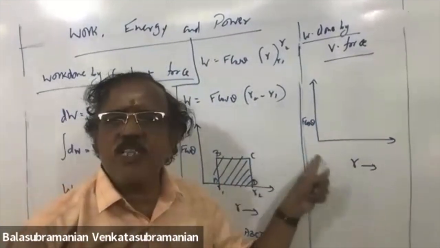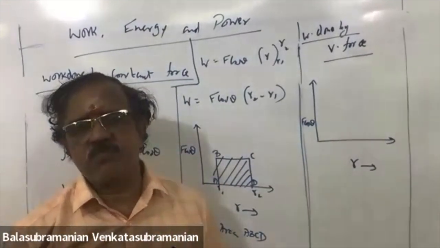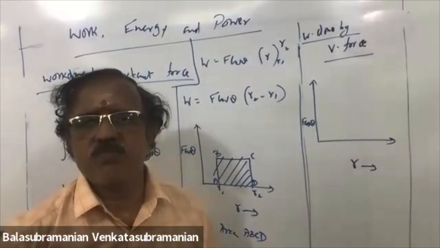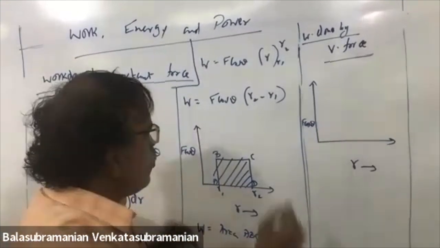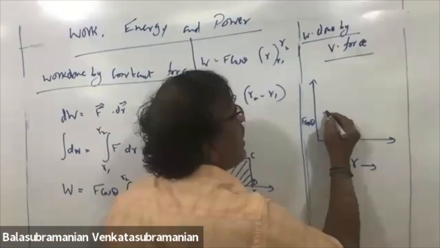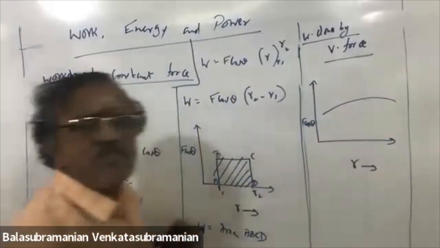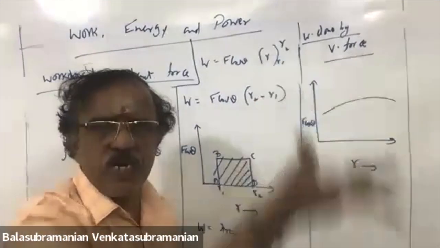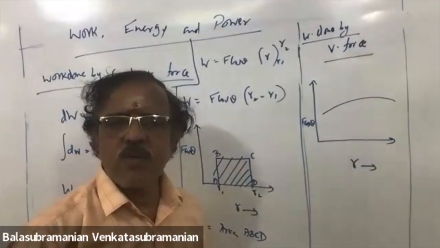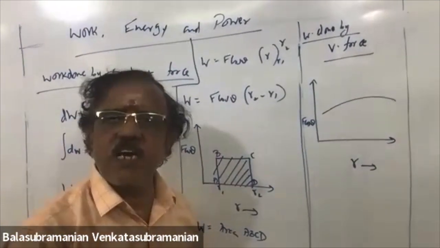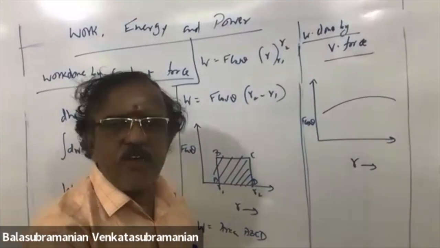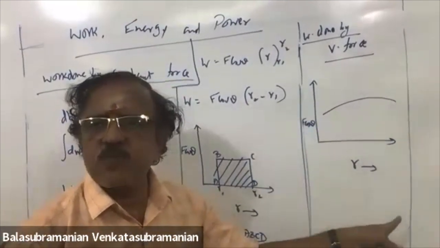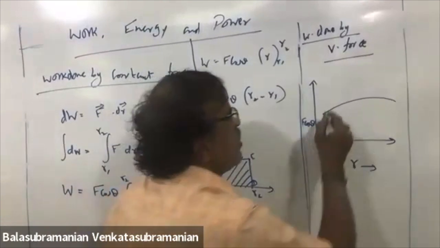Here F and theta are variables, not constant, so you will not get a straight line. You take some 10 values and plot them. For all the 10 values F and theta are variable, so calculate F cos theta, put it on the y-axis, with displacement on the x-axis.